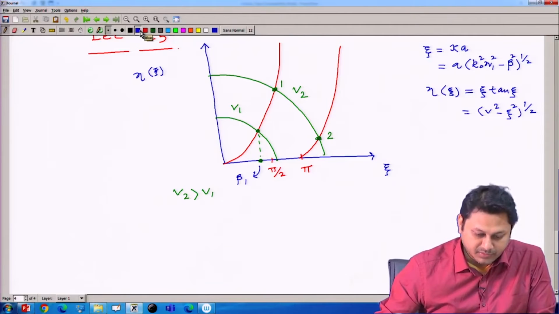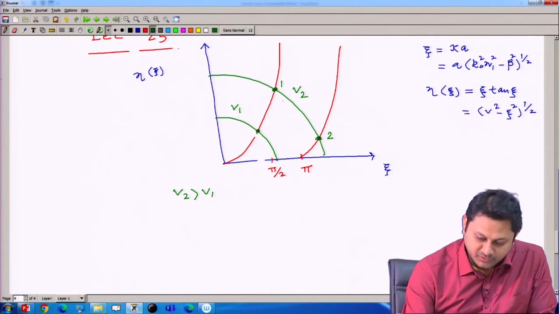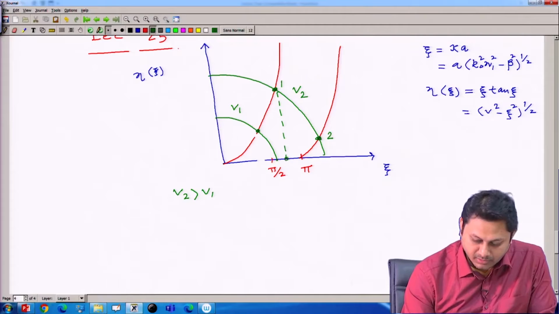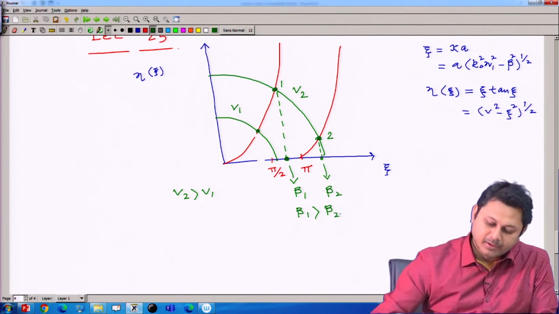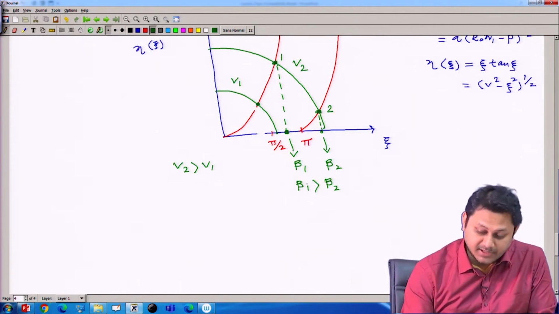For v 2, if I want to find out the solution, because for v 2 I am having two solutions, here I have one solution which is beta 1, and here I have another solution which is beta 2. Now, from here I can see that beta 1 is greater than beta 2, because this is the solution in terms of xi, not beta.